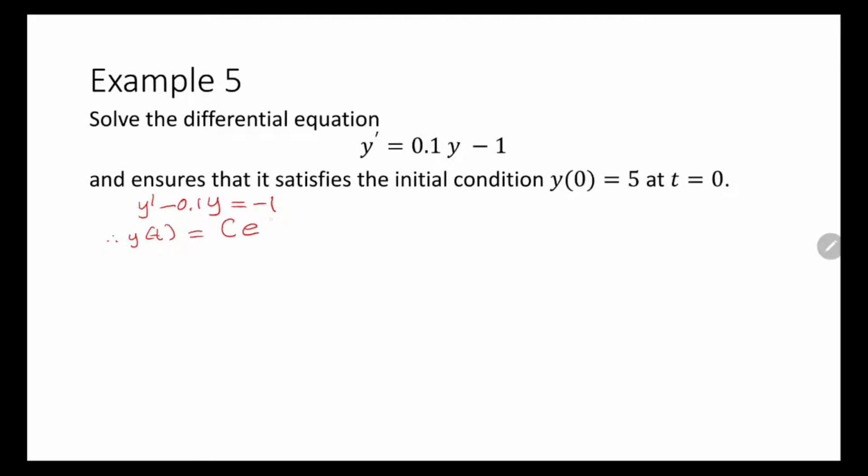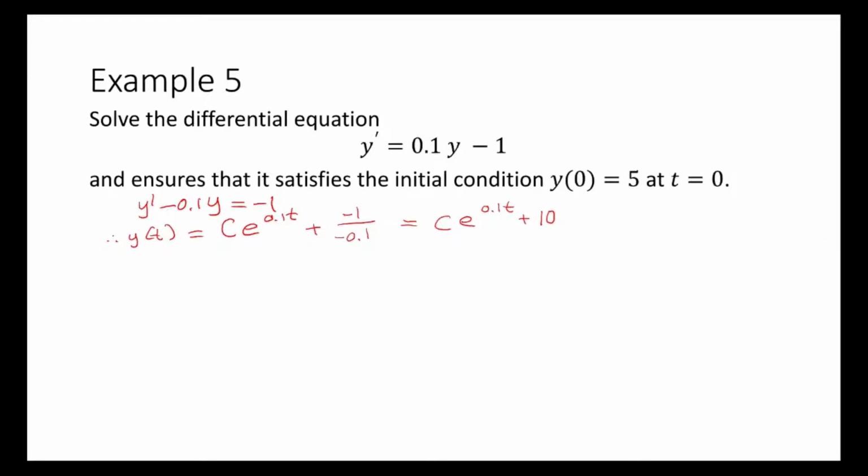Here a is minus 0.1, so e to the power of 0.1 t, plus the steady state value, which is the particular solution. So the steady state value will be minus 1 over minus 0.1, and this is equal to 10, of course. So this is just c e to the power of 0.1 t plus 10. Okay, so this is the general solution.